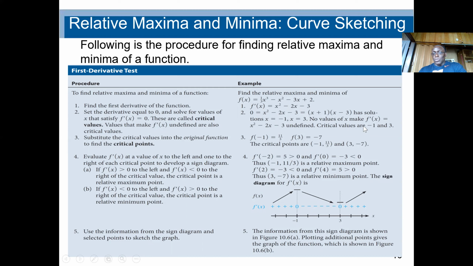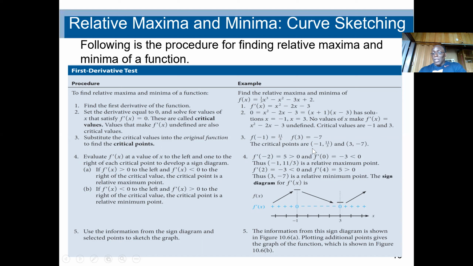Then I plug those 2 values of x into the original equation, and I get my y position. So -1 will give me 11 by 3, and 3 will give me -7. So I get the 2 points from the graph, 3 and -7, and -1 and 11 by 3, which are here. And this is what I'm looking for.